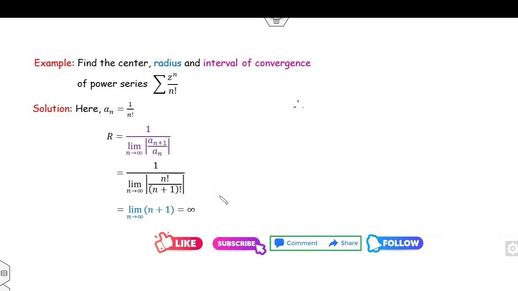So once you find the value of R, the interval of convergence is, always remember, |z - c| < R, and the expression is z. So |z - 0| < R, the value of R is infinity.